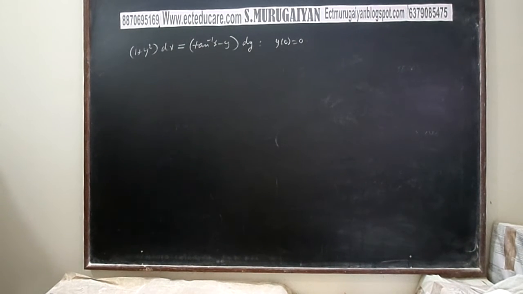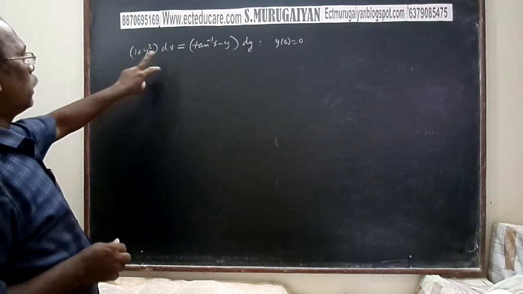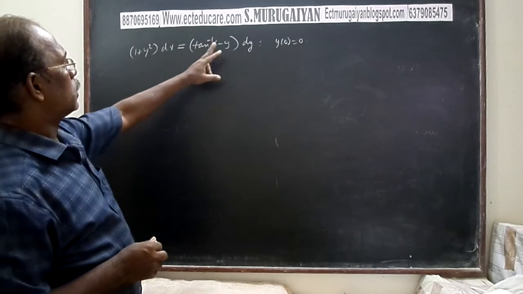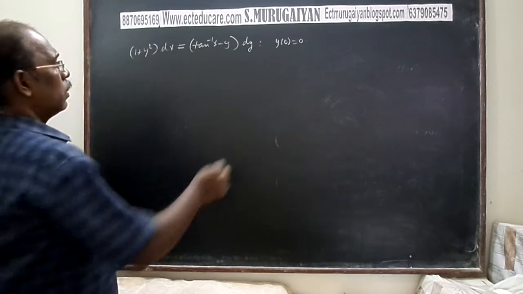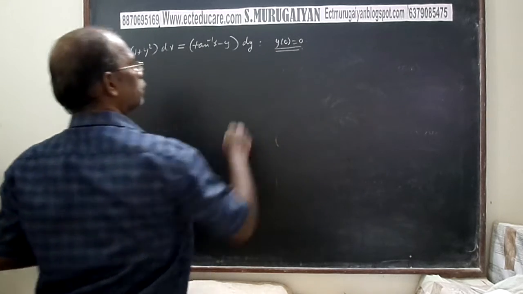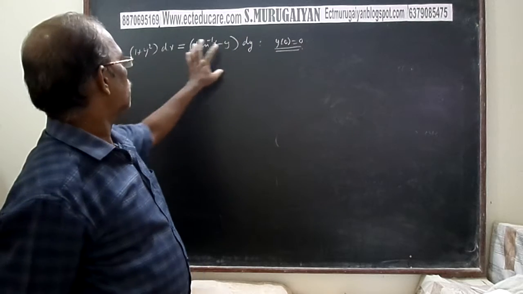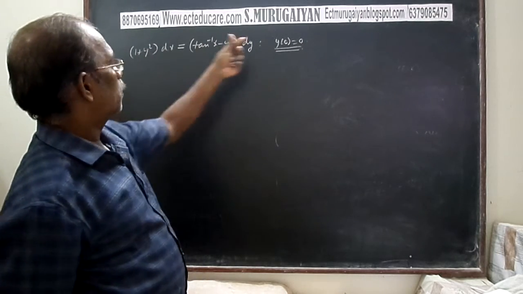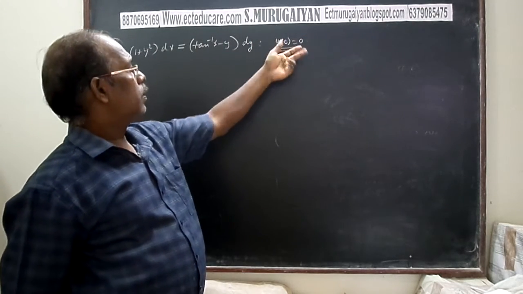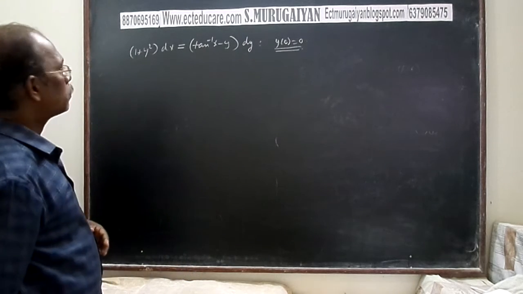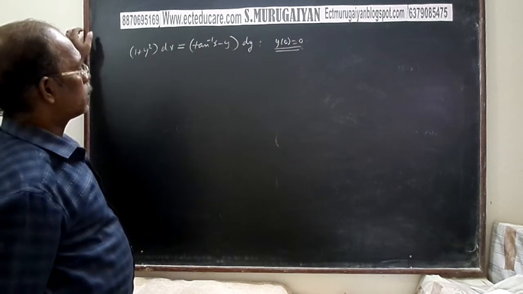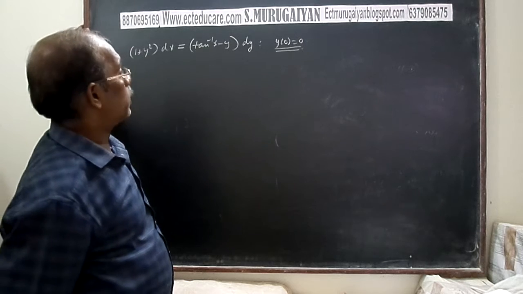The next question: 1 plus y square dx equal to tan inverse of y minus x dy. One additional condition is given. What is the indication of the additional condition? Once any other condition is given along with the differential equation, we are supposed to give a particular or singular solution instead of the general solution.